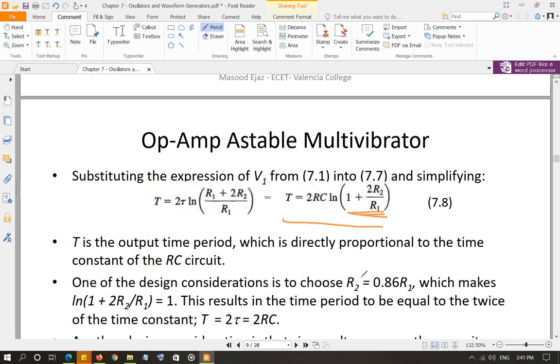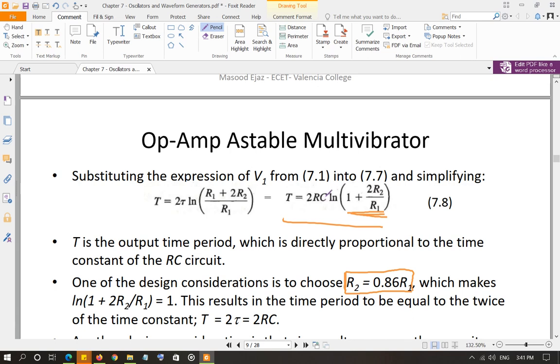So let's say if we choose R1 to be equal to 10 kilo ohm, then R2 will be equal to 8.6 kilo ohm, and then the natural log of this quantity is going to become 1. So it will be easier for us to design the circuit in that case.